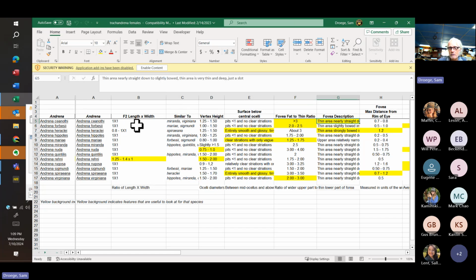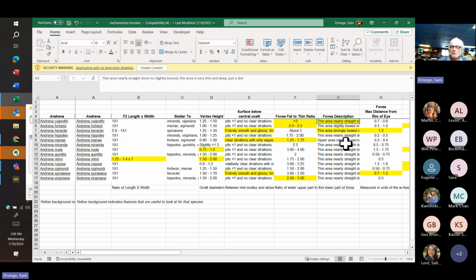Fovea description, this is highlighted also, and you can't quite see it there, but if you look up at the top here, it says thin area nearly straight down to slightly bowed. Thin area is very thin and deep, just a slot. So in this particular case, the narrow area, also indicated by a roughly greater than 3-to-1 difference in the ratio, is very narrow and very straight.